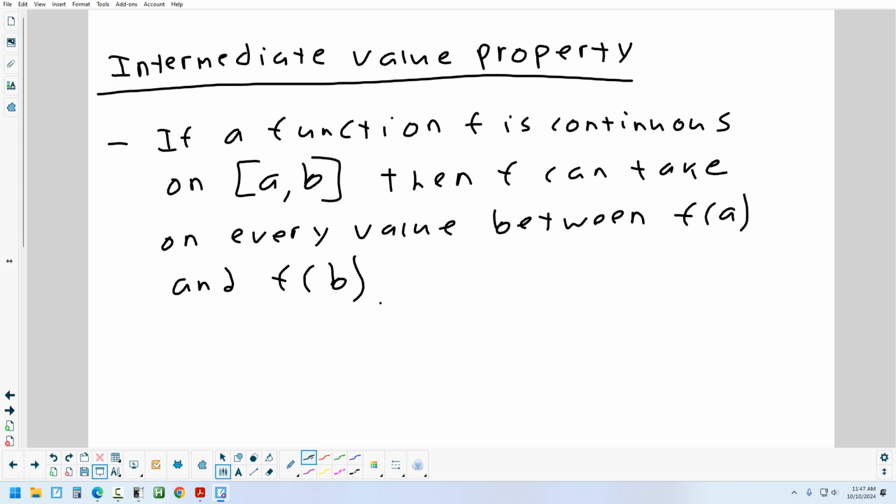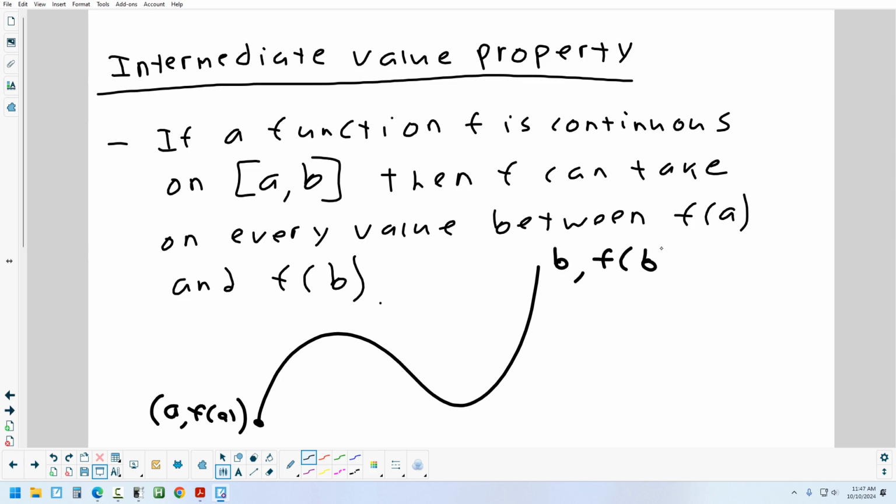So, intermediate value property basically means if you have a coordinate, this time I'm not going to use numbers, I'm going to use x and y. And you're starting at this y value, and you are stopping at that y value.